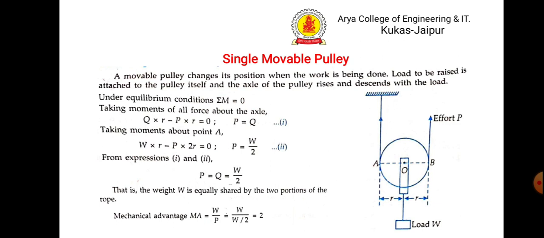So I can say P equals Q. What are P and Q? These are the tensions. If the string is the same, then the tension will be the same. So I can say P equals Q equals W by 2. Again, if I take the moment about point A, it is W into R minus P into 2R. So P equals W by 2. So the weight W is equally shared by the two portions of the rope.